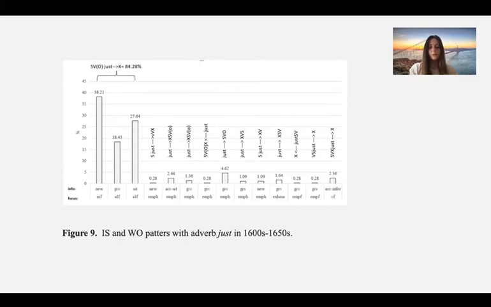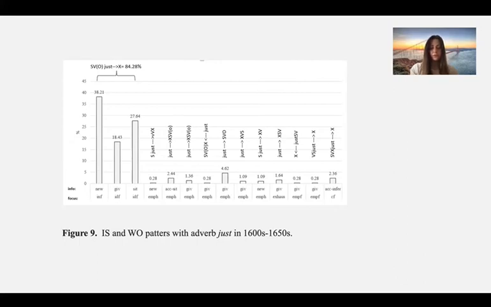The time frame of 1600s, 1650s displays a slight reduction of the ratio of marking new information and informational focus in the SVO pattern, with the redistribution in favor of given information and identificational focus. This fact is evidenced as the crystallization of the particularizer function of just.